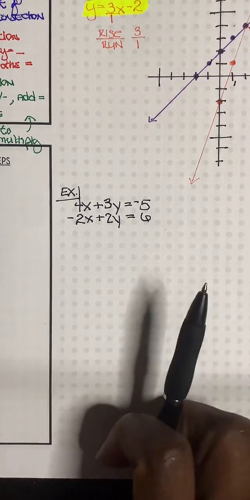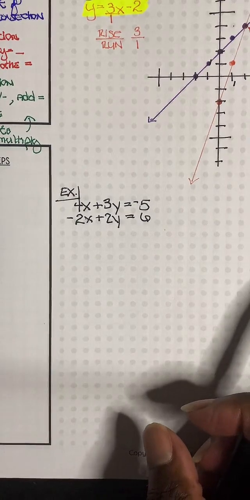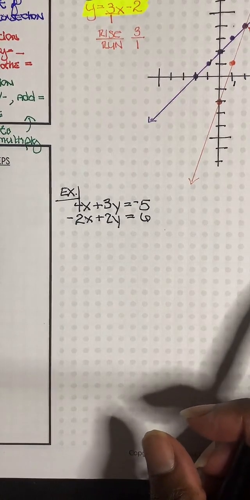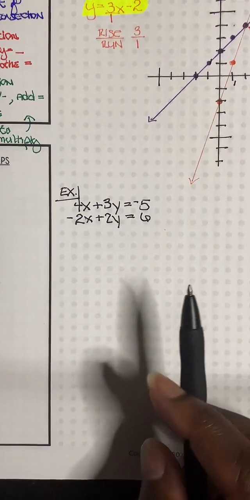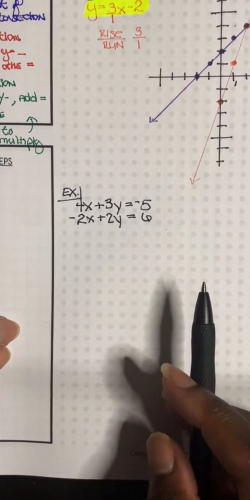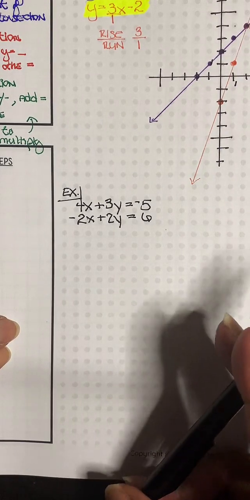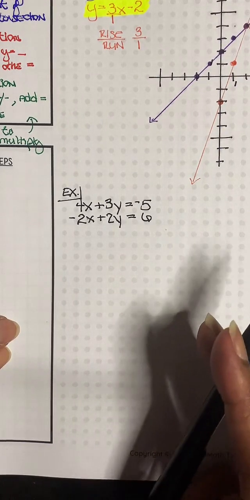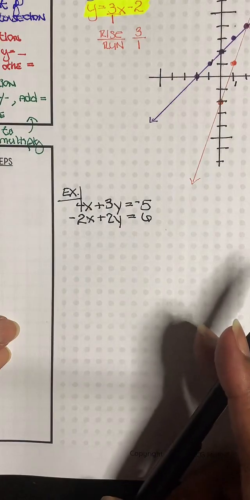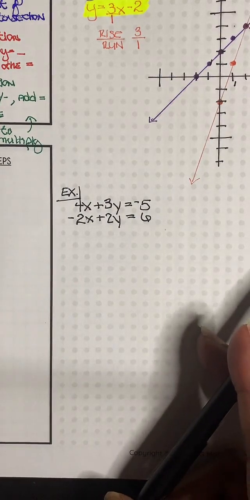Adding, subtracting, multiplying, dividing polynomials. You're going to see a lot of that. Okay? So you're going to see mostly the quadratic formula. You're going to see a lot of the factoring, and you'll probably get like one, maybe two systems. Okay?